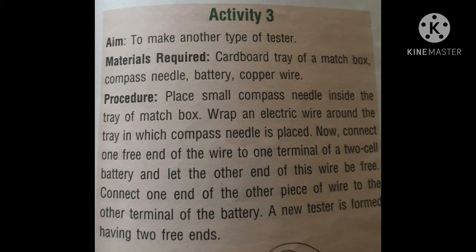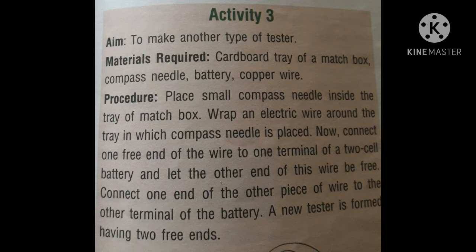Materials required: cardboard, tray of a matchbox, compass needle, battery and copper wire. Procedure: place small compass needle inside the tray of matchbox as shown in the figure. Wrap an electric wire around the tray in which compass needle is placed.